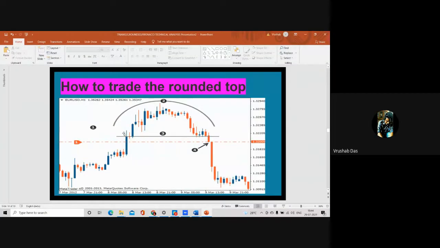You have to see how long the rounded top is. If the distance of the rounded top is more, then the chances of the price getting lower would be increased, and if the RSI is showing very little momentum, below the 50 level. So if a bearish candle crosses the neckline with a big red candle, then you can have a sell order.